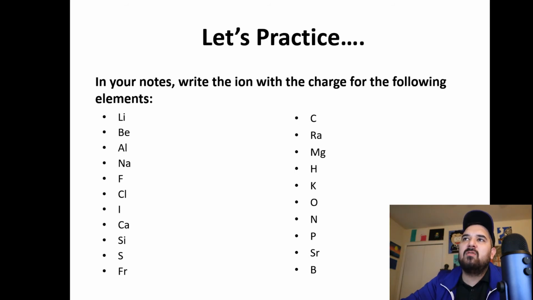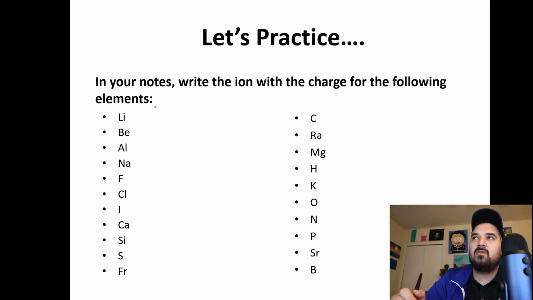All right, so in your notes, you're going to write the ion with the charge for the following elements. So I want everyone to do this practice in your notes. I'll work a few out with you, but then I want you guys to finish out the rest, and you're going to take a picture and submit this at the end of class. All right, so lithium, and you've done this before actually when we did the Lewis structures.